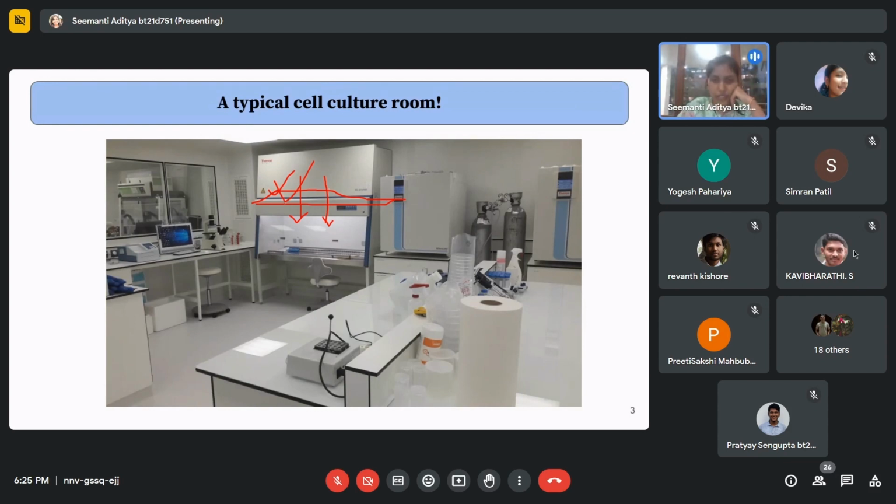So the cell culture hood is very important for performing all the cell culture activities. We need to perform everything inside this system. Whenever you open this glass door, it has to be opened not to a very high level, just to this level, so that you can insert your hands through this portion and perform your work.